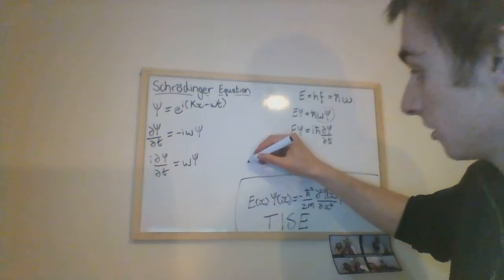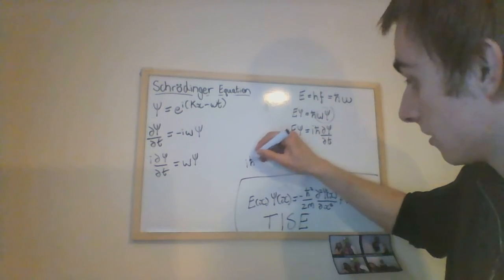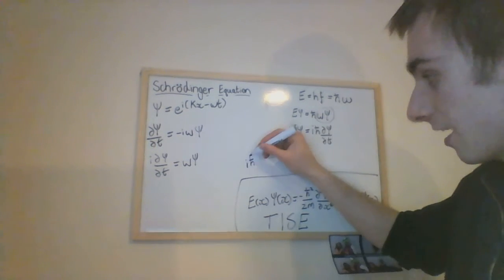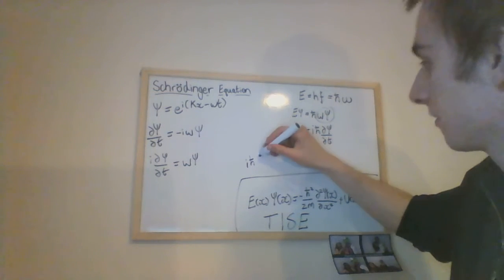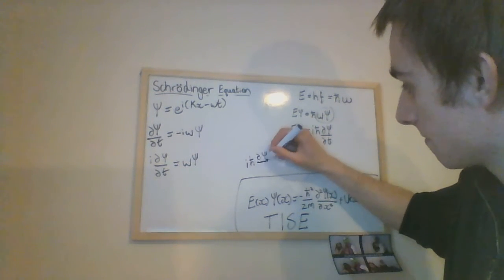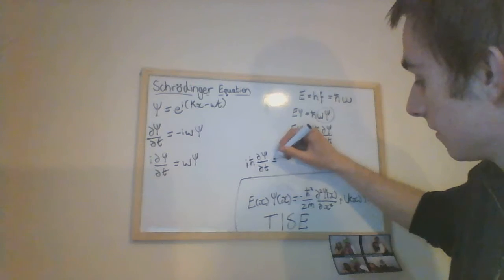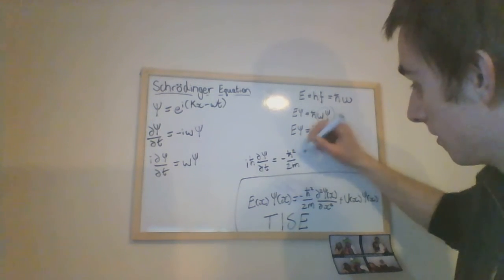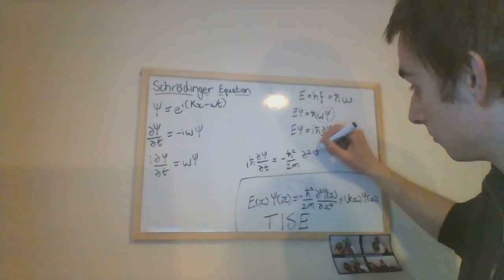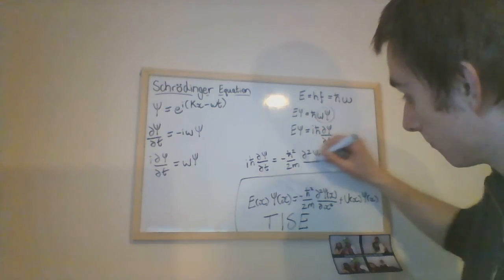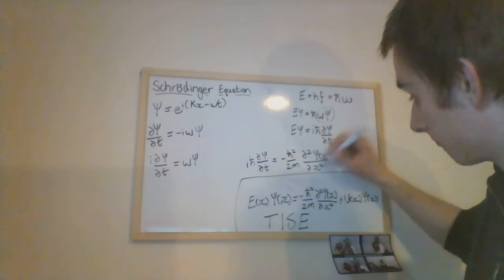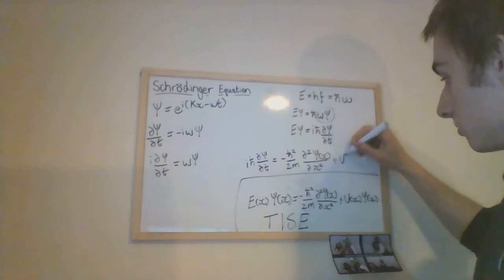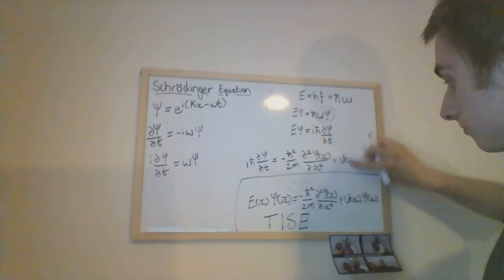We'll just sub it in, and we get i h bar d psi by dt equals minus h bar squared over 2m d2 psi by dx squared plus the potential times psi.